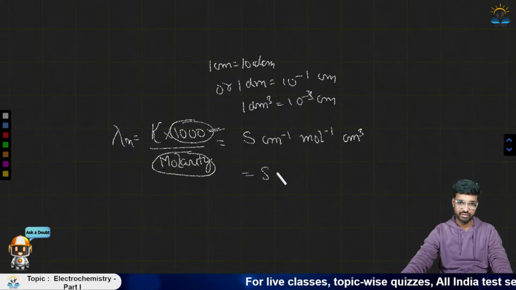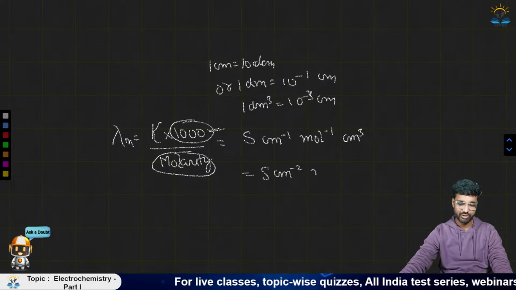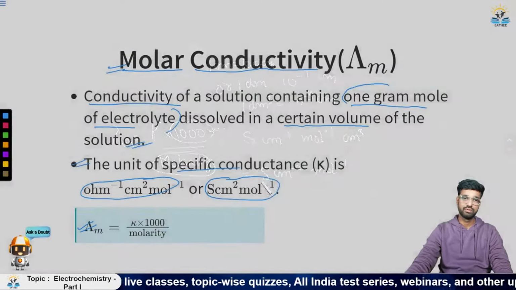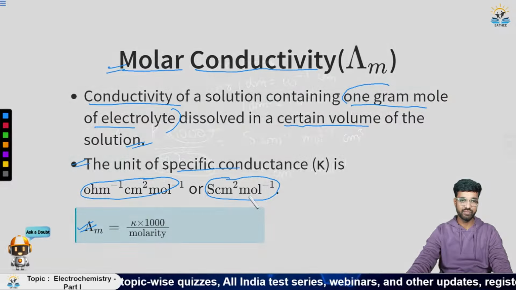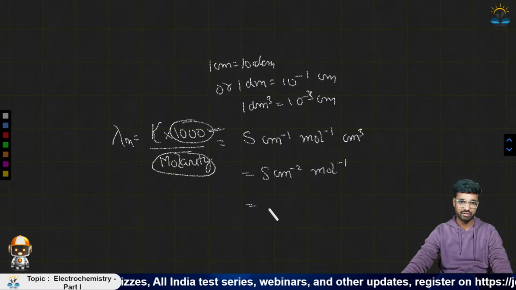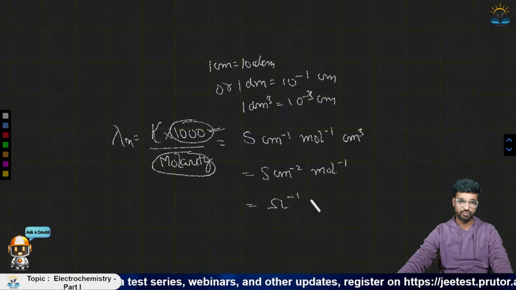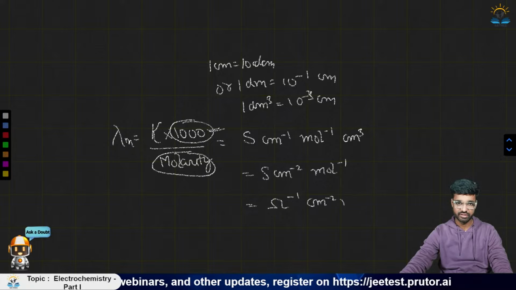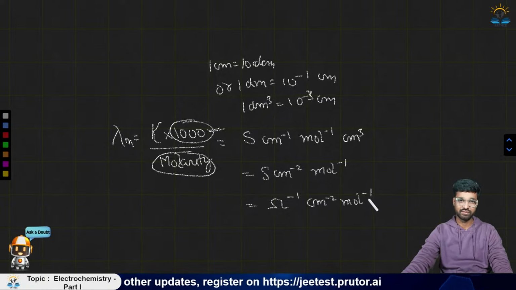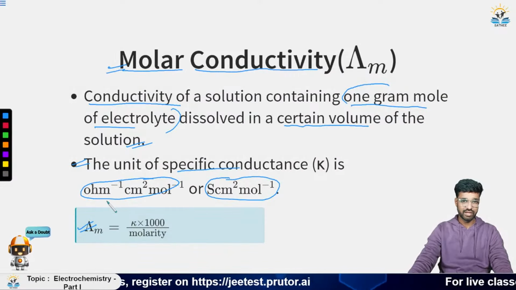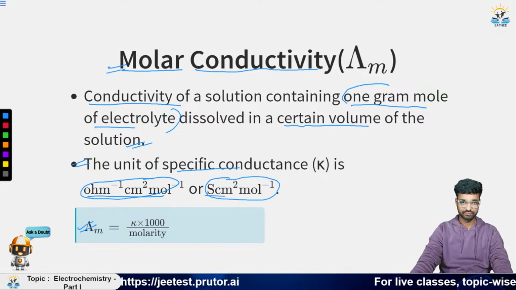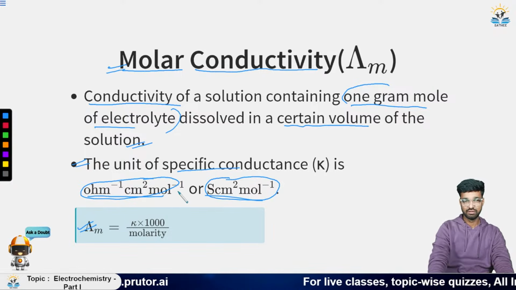That will give us Siemens centimeter square per mole. So this same thing is written here, Siemens centimeter square per mole, or you can also write per ohm for this. So this is the unit of molar conductivity.